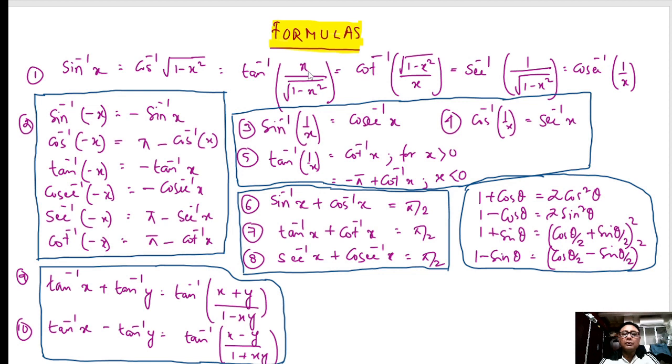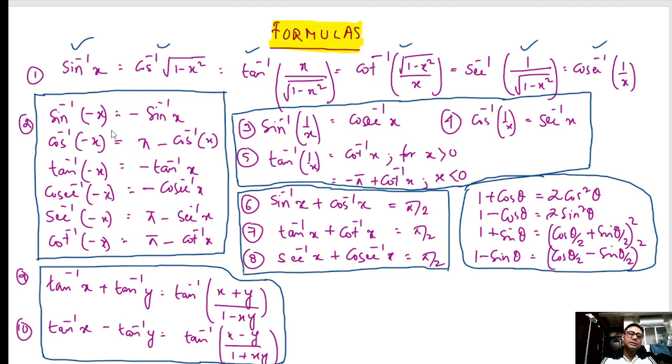Sine inverse x can be written in many ways like this.